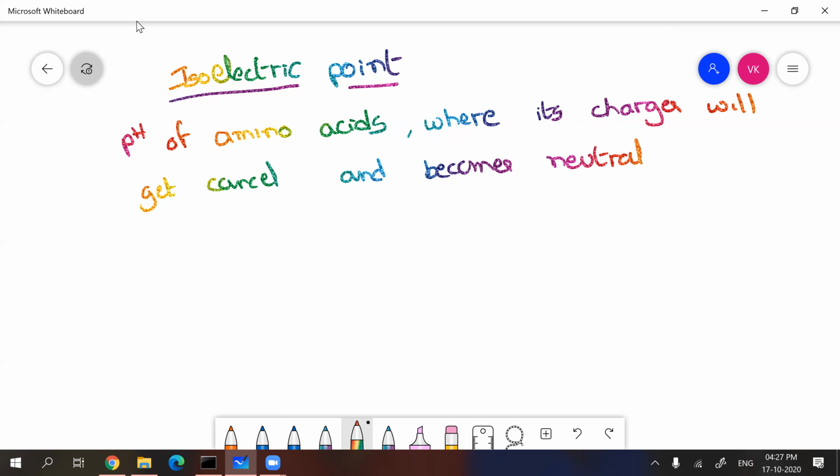That pH value is called the isoelectric point.